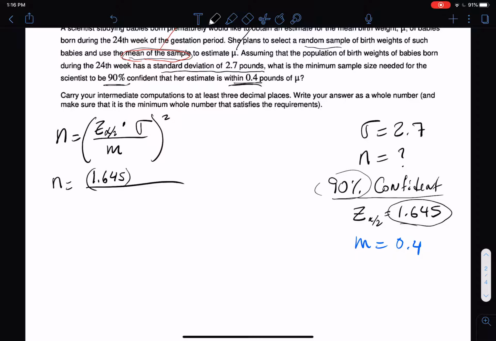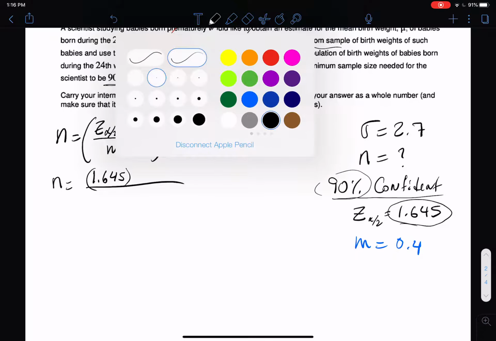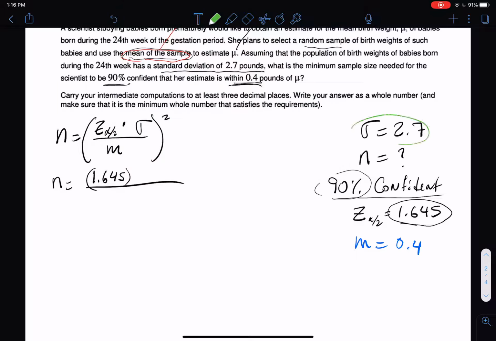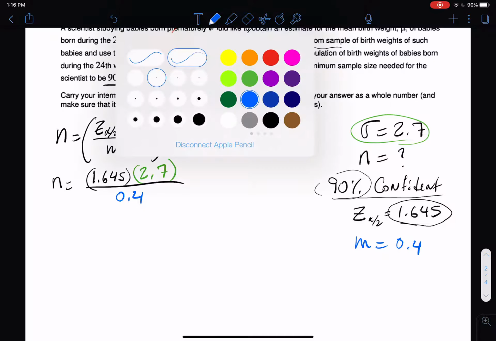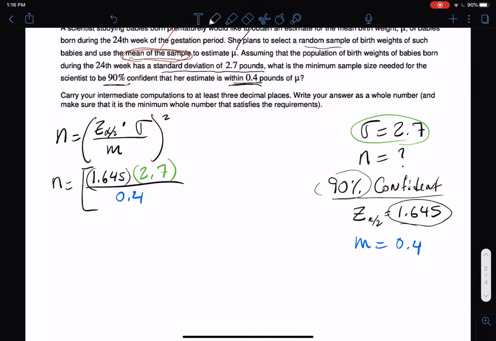We have a standard deviation, let's make that green, of 2.7. Those two pieces get multiplied, then they get divided by our margin of error, which happened to be blue, 0.4. So you multiply the numerator, then you divide, and then finally you have to take the square.